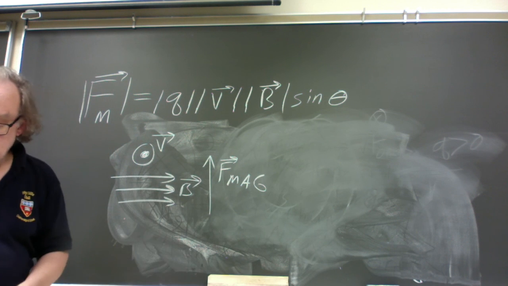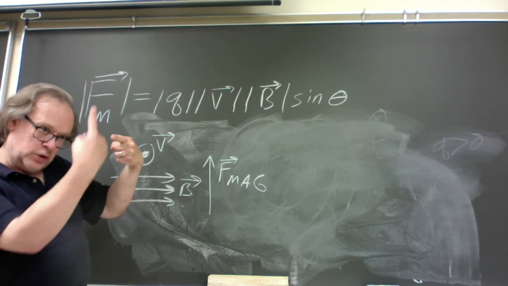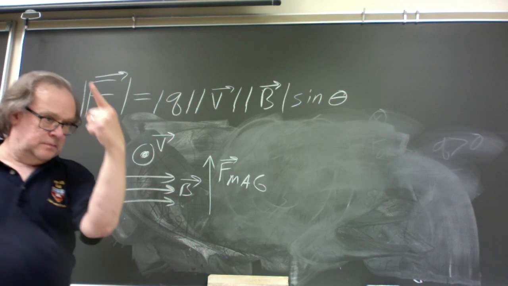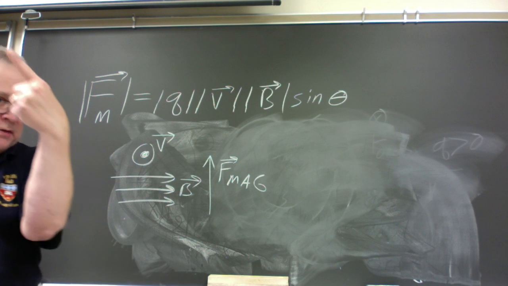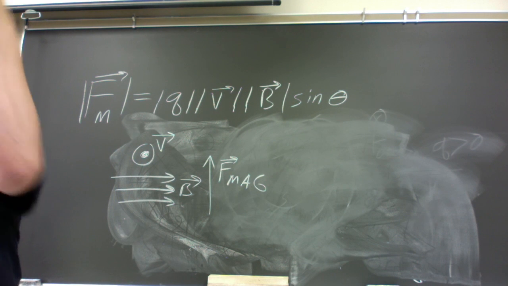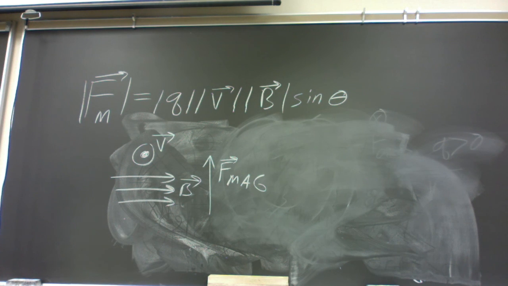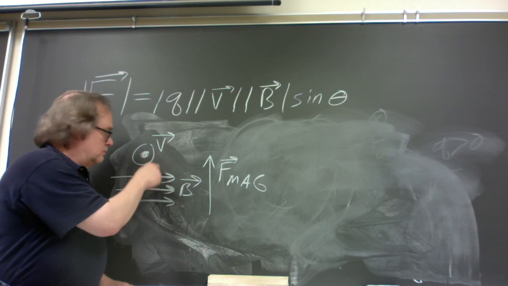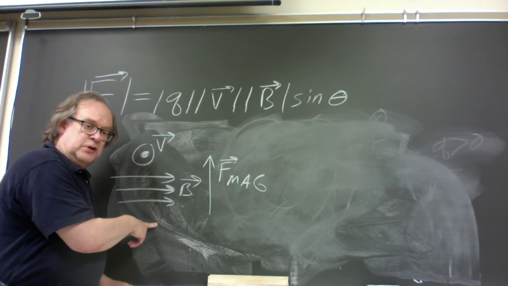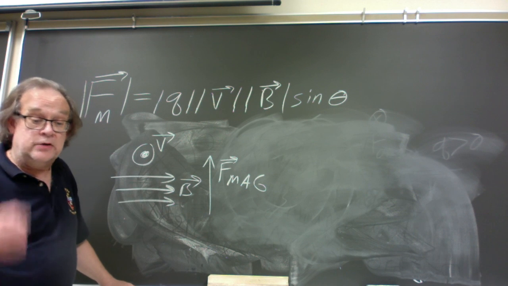That is, the particle is moving this way at first, but it feels a force like this, which will deflect it upward. It'll still keep moving away from the blackboard, but then it'll also gain an upward component to its velocity. So a particle that is moving like this and feels a field like this and feels a force like this, is it a positive charge or a negative charge?